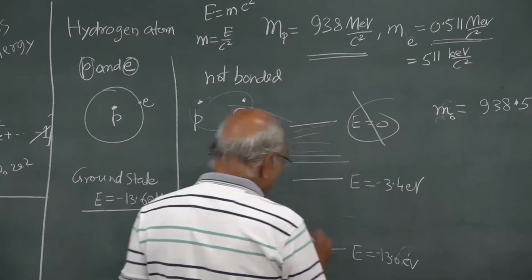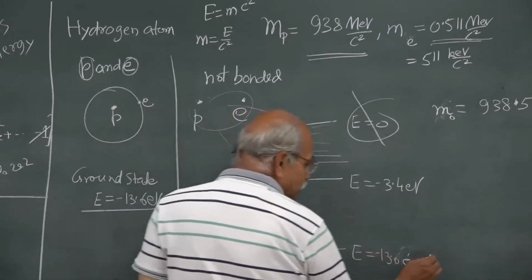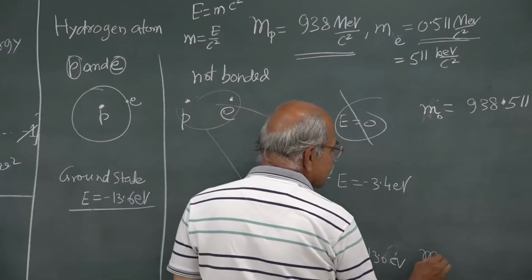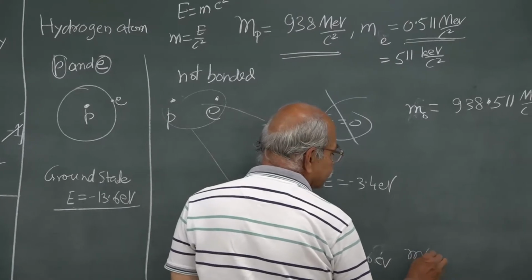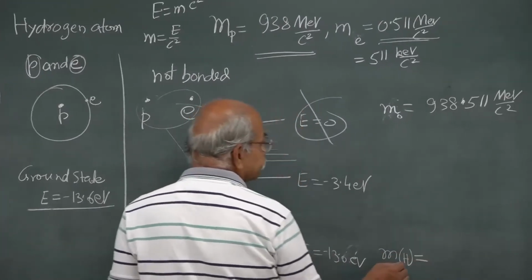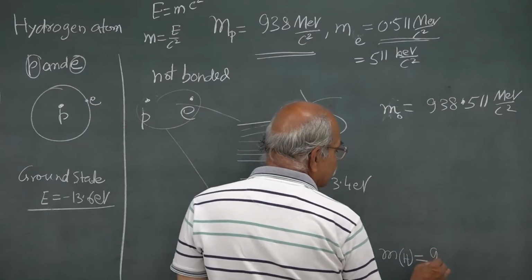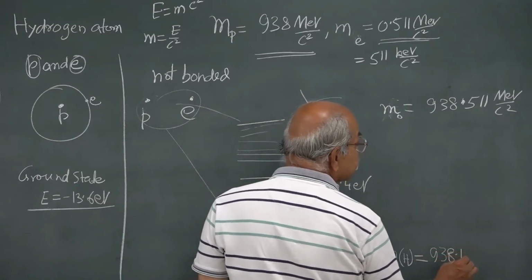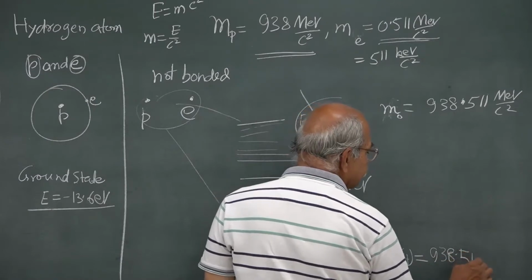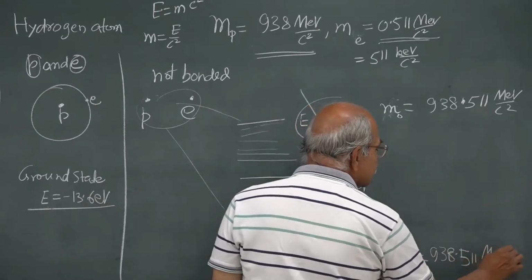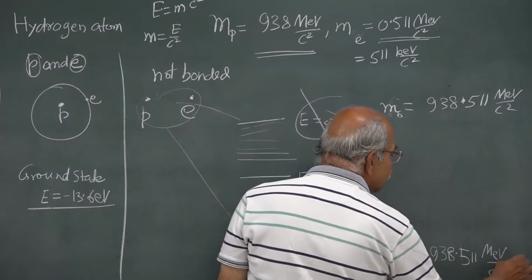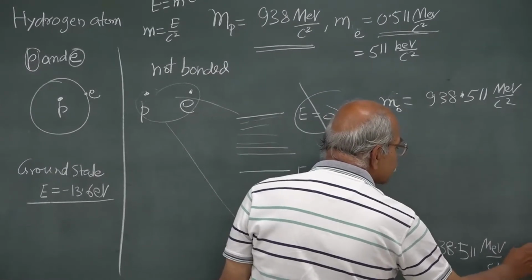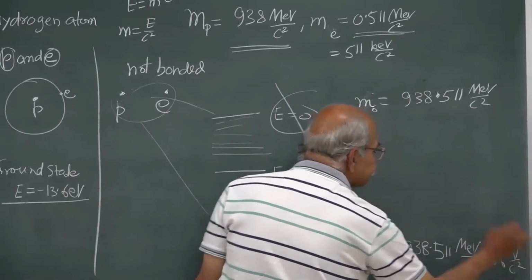Here, when it is a hydrogen atom in the ground state, the rest mass of hydrogen is 938.511 MeV by c square minus 13.6 eV by c square.